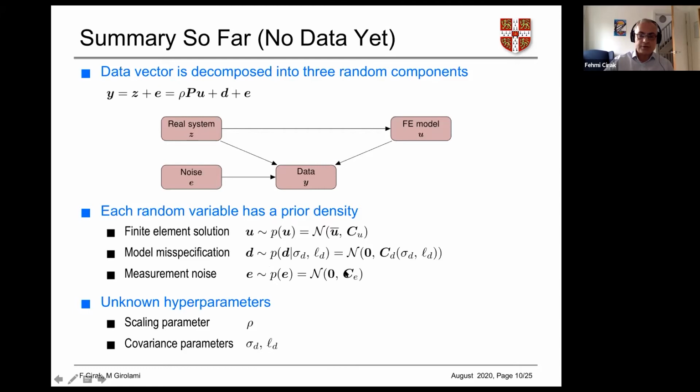We have a few parameters here: sigma d and LD, and also this rho. These are called hyperparameters, which we don't know yet, so we have to determine them.